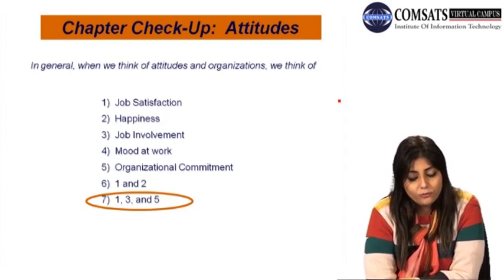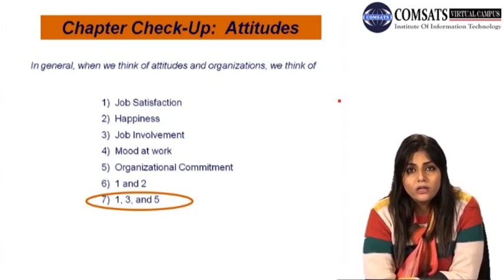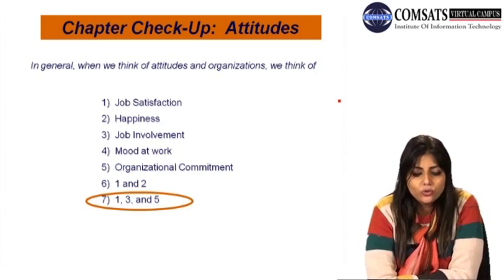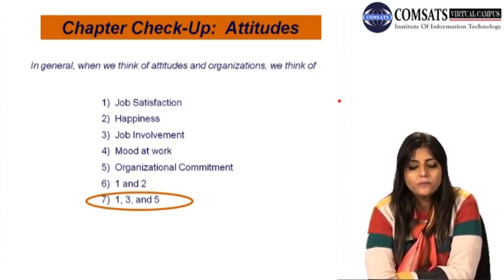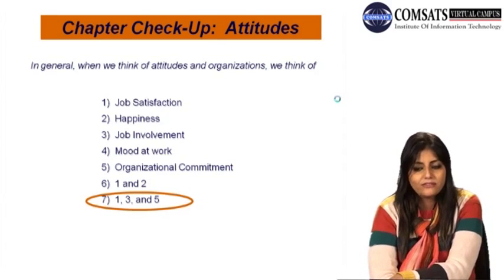Of course, as I explained in my previous slides, mood at work is not an attitude. Similarly, happiness is not an attitude. So it is job satisfaction, job involvement, and organizational commitment, and the answer is 7.